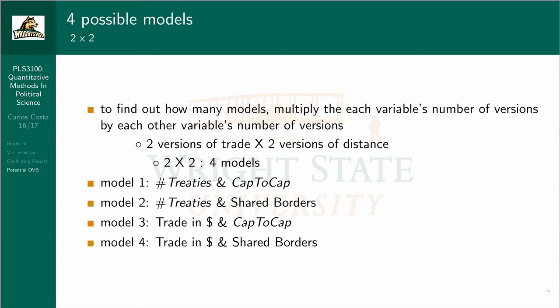And then the second variable would be capital city to capital city. The fourth and final model would also use trade in US dollars, but then instead of using capital city to capital city, you would use shared borders. In that way, you would walk away with every possible combination of variables.